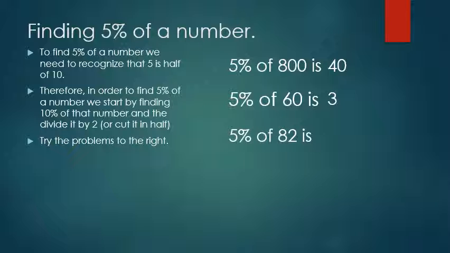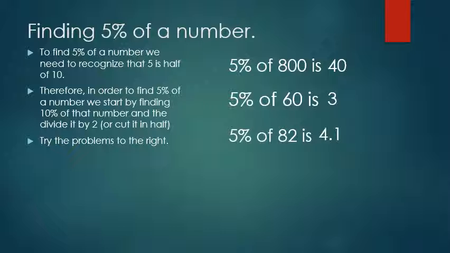5% of 82 is 4.1. So 10% of 82 would be 8.2. And if you struggle with cutting numbers like 8.2 in half, just think of it as 2 separate pieces. So half of 8 is 4, half of 2 is 1.